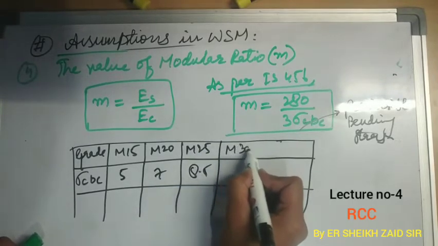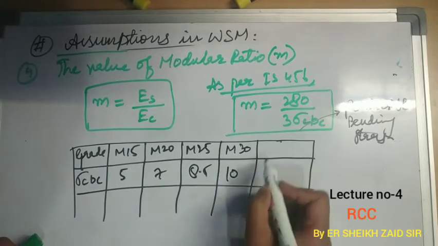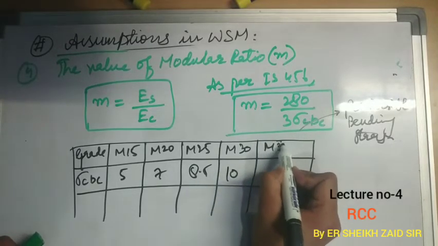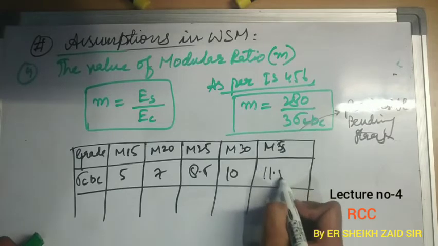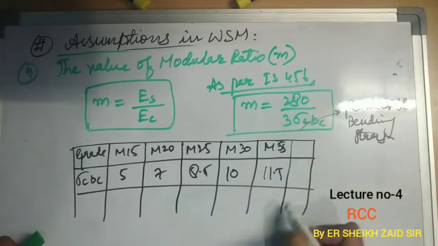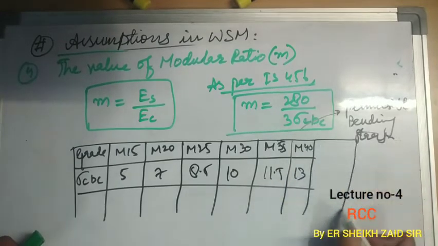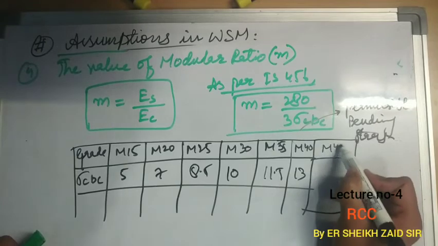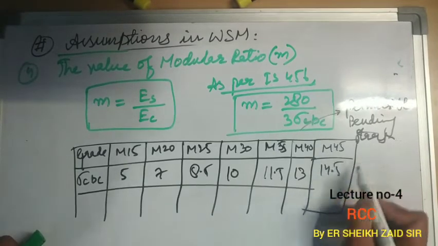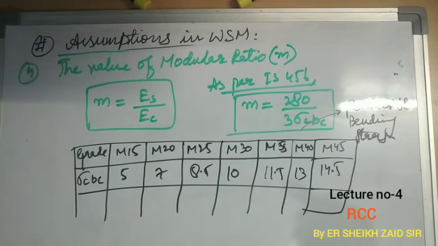For M30, it is 10. For M35, it is 11.5. For M40, it is 13, and for M45 it is 14.5. So IS 456 provides the values only till M45. Now the values of modular ratio m can be calculated as per the above formula, 280 by 3 sigma CBC.